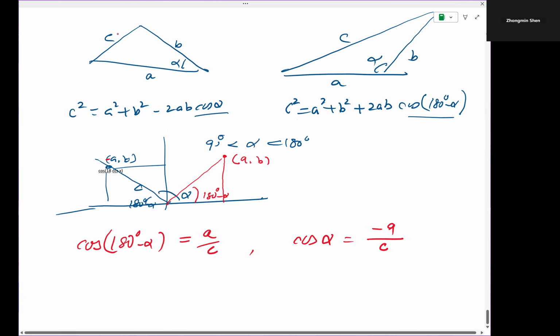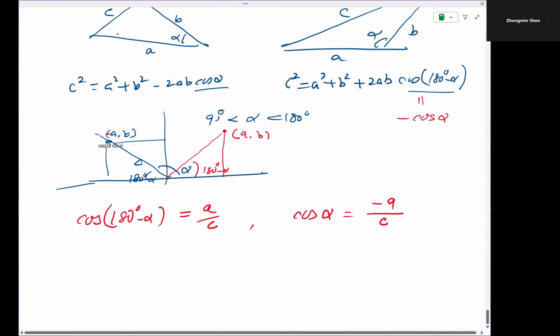Got it? That means this one can be replaced by negative cosine alpha. So the formula looks the same regardless of whether alpha is between 0 and 90 degrees or 90 degrees and 180 degrees.